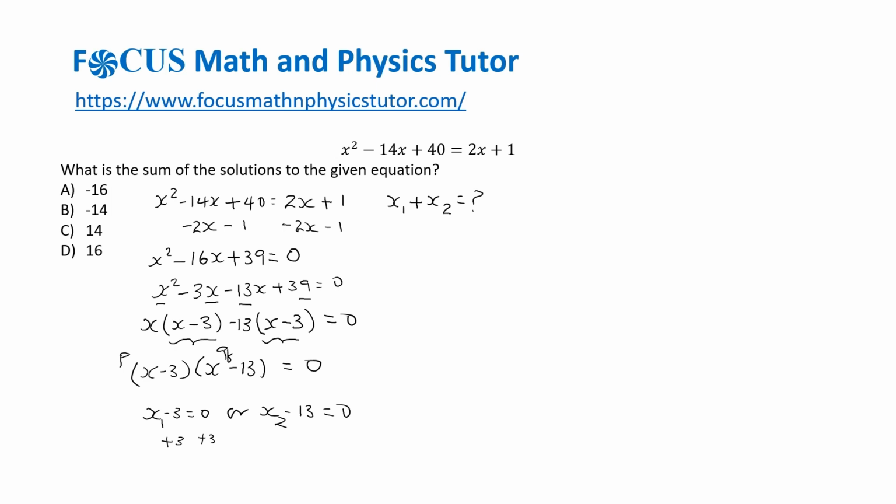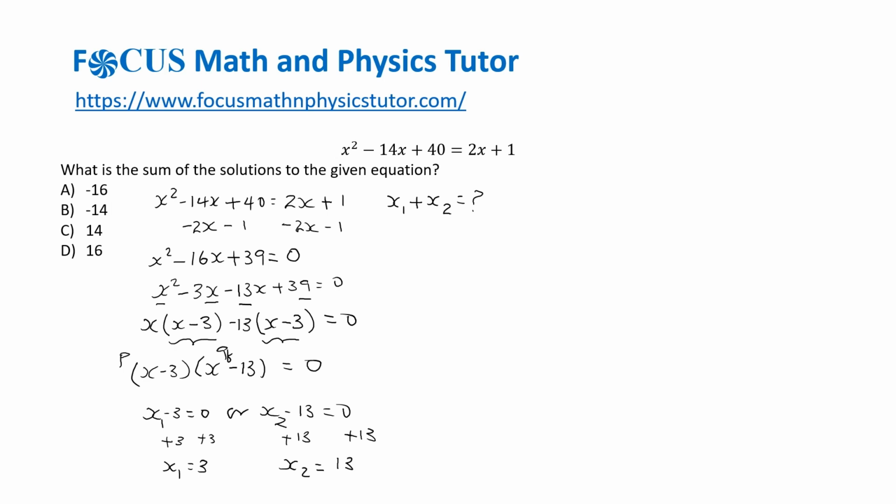Negative 3 plus 3 is 0, so x1 is equal to 0 plus 3, which is 3. So one of the solutions is 3. And in this case, if I add 13 here, I have to add 13 on the right side as well. Negative 13 plus 13 is 0. Therefore, we have x2 on the left side. On the right side, we have 0 plus 13, and that will be 13.